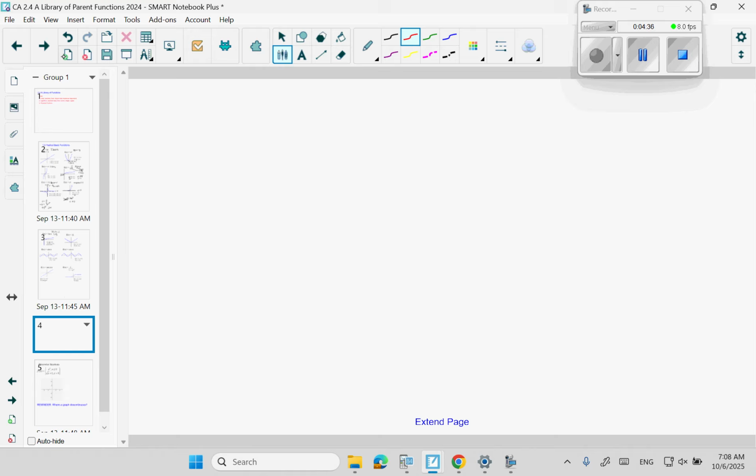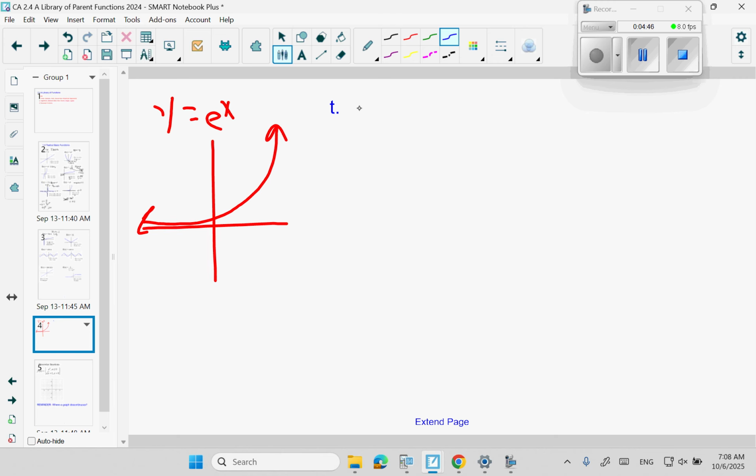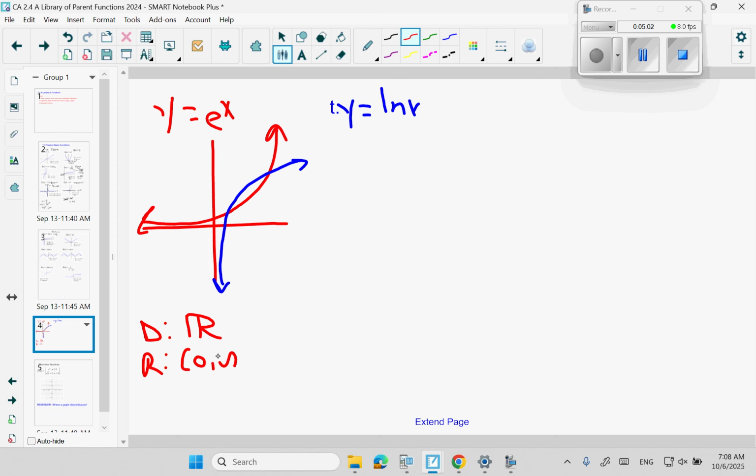I just want to talk about these for a second. y equals e to the x looks like this, and y equals natural log of x looks like this. Our domain over here was all real numbers, and my range was 0 to infinity for the e to the x function. And over here, my domain was 0 to infinity, and my range was all real numbers.